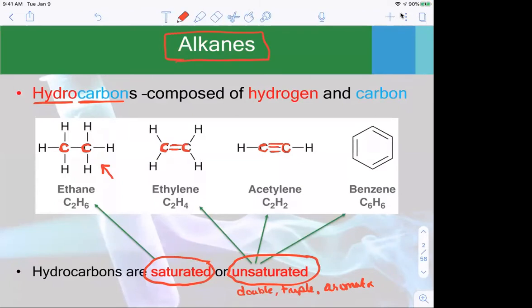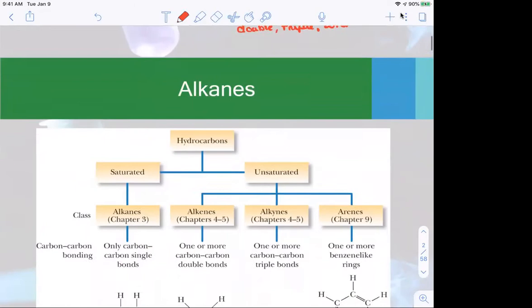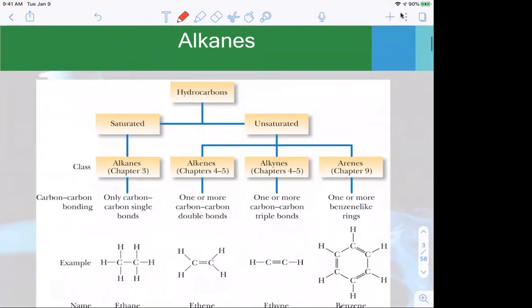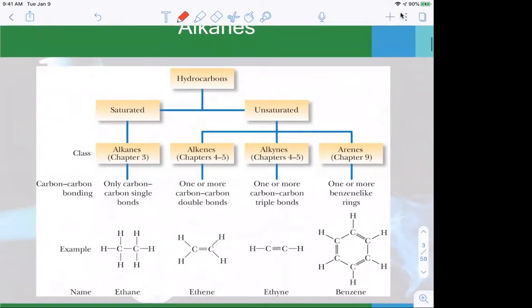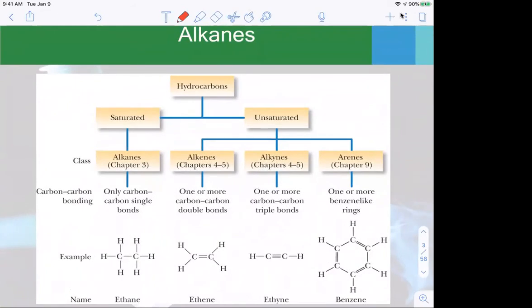Alkanes are going to be saturated. This is where I'm going to look at just carbon-carbon and carbon-hydrogen single bonds. That's what I'm going to focus on when I study alkanes. So here's sort of a flow chart about hydrocarbons. If this is all of the compounds that contain just carbon and hydrogen, I can break this down to saturated and unsaturated.